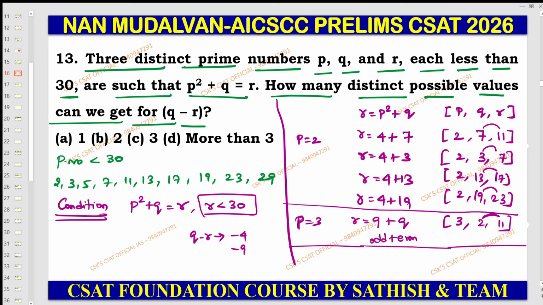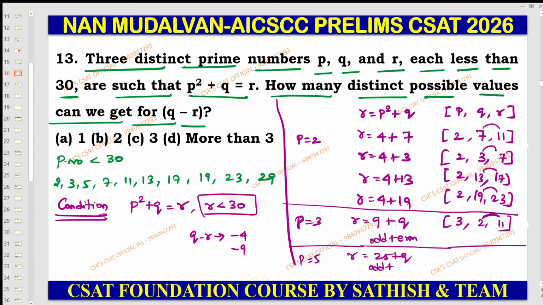Everyone understood the logic. Now, if you are taking P is equal to 5, what would happen here? R is equal to 25 plus Q. Still, listen, this becomes odd, right? So in order to get 25, after the 25 comes 29, right? So therefore, what is the possible thing here?